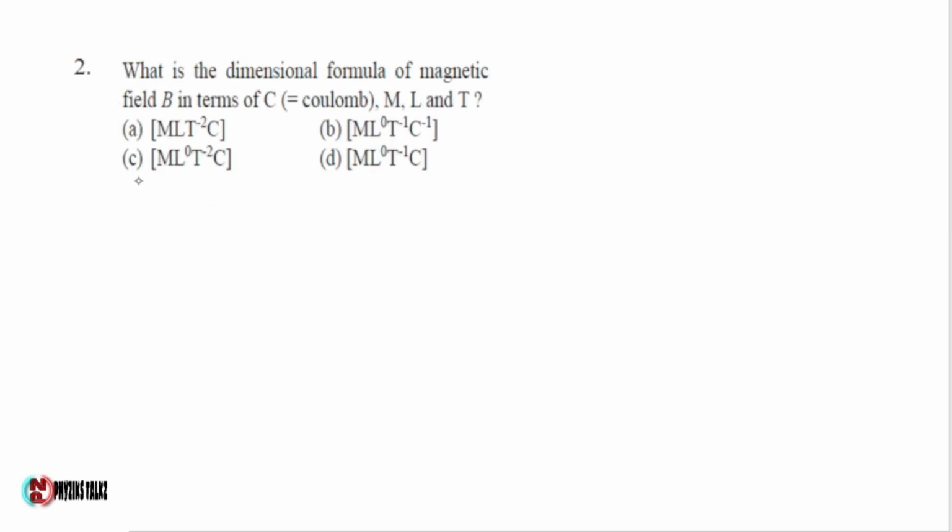Next question. What is the dimensional formula of a magnetic field B in terms of C, M, L and T, where C is Coulomb?